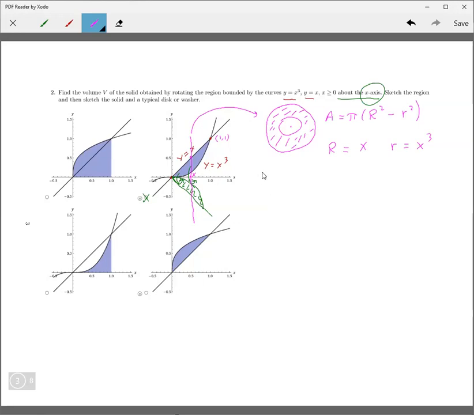So when we set the integral up, volume is the integral from a to b of pi times big R squared minus little r squared dx. Your a is going to be 0, and your b is going to be 1.